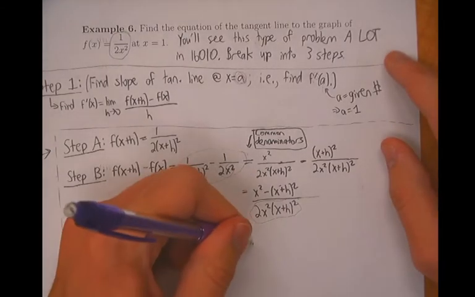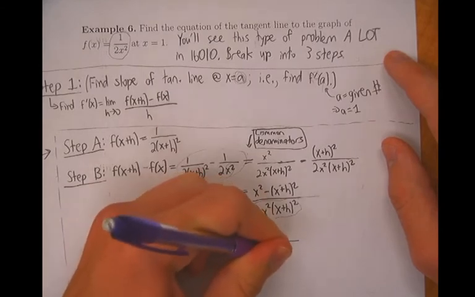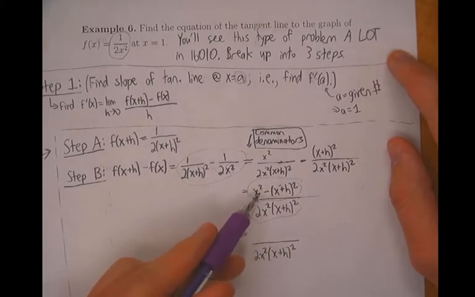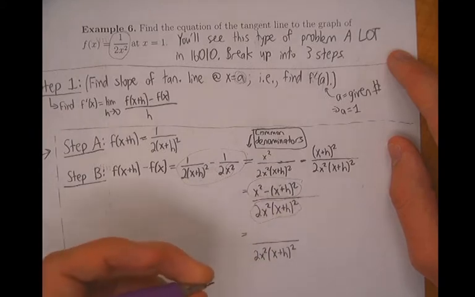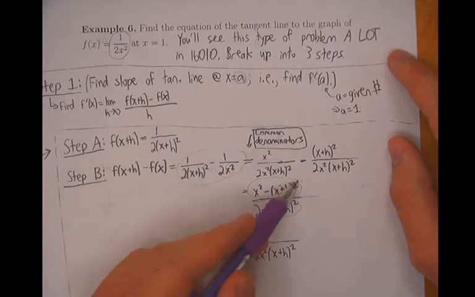So I'm going to write this denominator here again. So here, how could we, if we were to expand out the x plus h quantity squared, and cancel out like terms from that, what could we get from the numerator here?